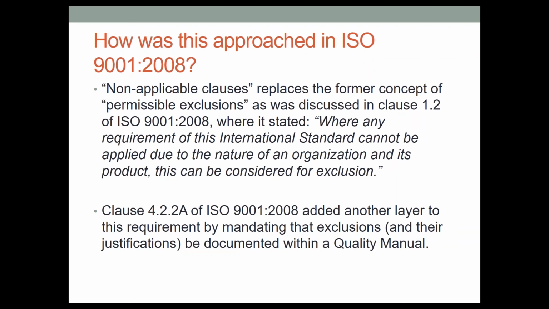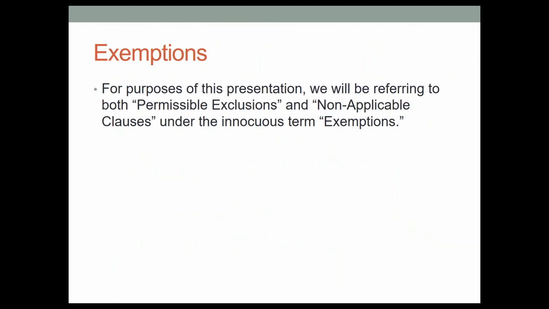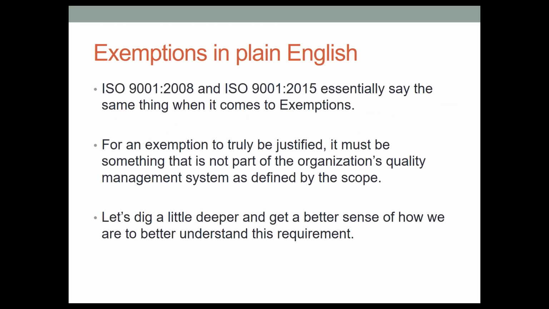Now, for our presentation today, we're going to be referring to both permissible exclusions and non-applicable clauses under the innocuous term exemptions. So let's try to define this term exemptions in plain English.